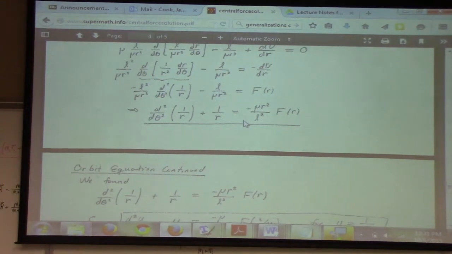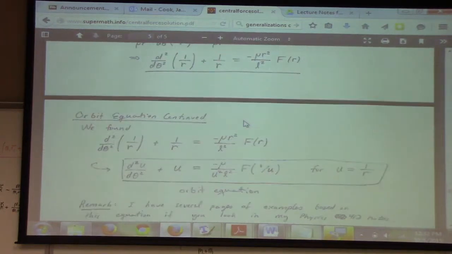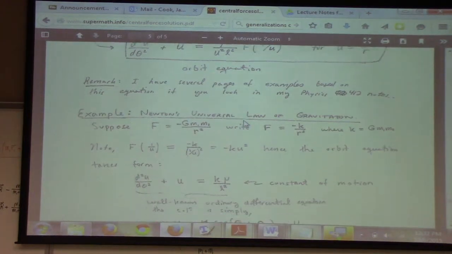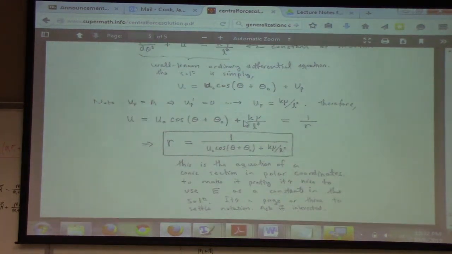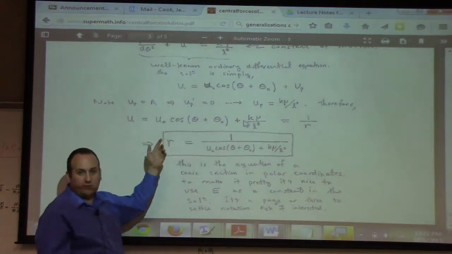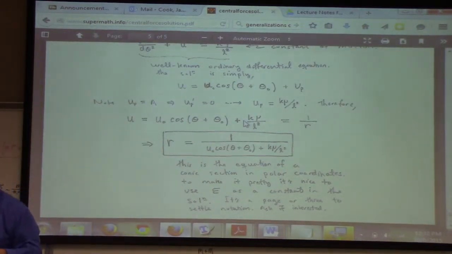And so in the case that's most interesting to physics, the reciprocal square law, you can solve this equation using constant coefficient ordinary differential equations with a forcing term, and out pops this equation. r is equal to 1 over some constant cosine of theta. And this is exactly the equation for a conic section in polar coordinates. It's either an ellipse, a hyperbola, or a parabola, depending on the choices of the constants there. And that is how you derive that orbital motion is either hyperbolic, parabolic, or elliptical in some plane.